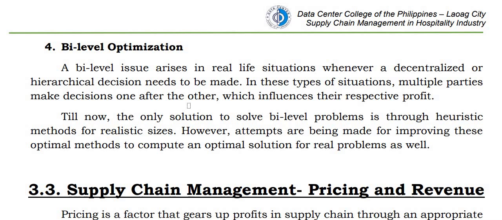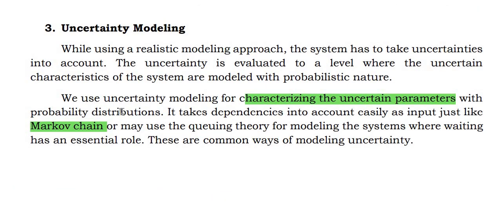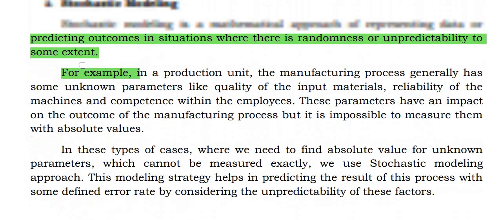So, if there are problems within a problem, then we can use a bilevel optimization. Ngayon, kung meron ka namang gagawin na hindi mo sure kasi wala pang nakagawa nito, wala ka pang nakitang mga businessman, mga business owner, mga company na gumawa nito, then you can use the uncertainty modeling.